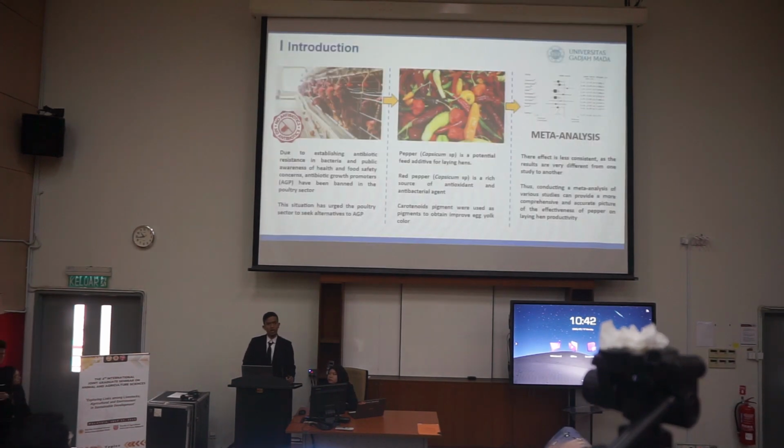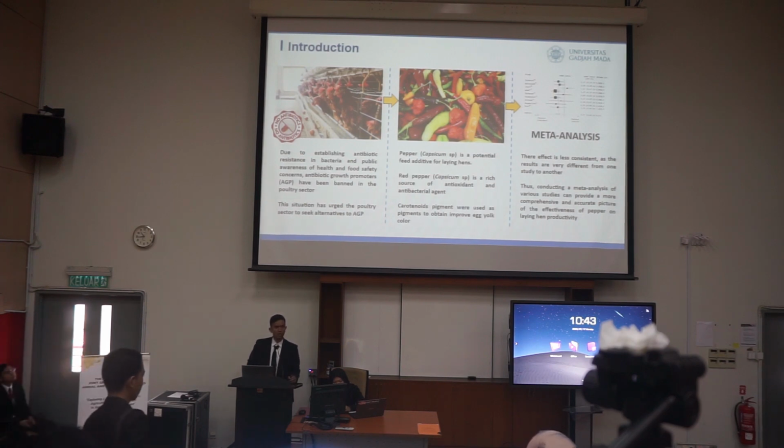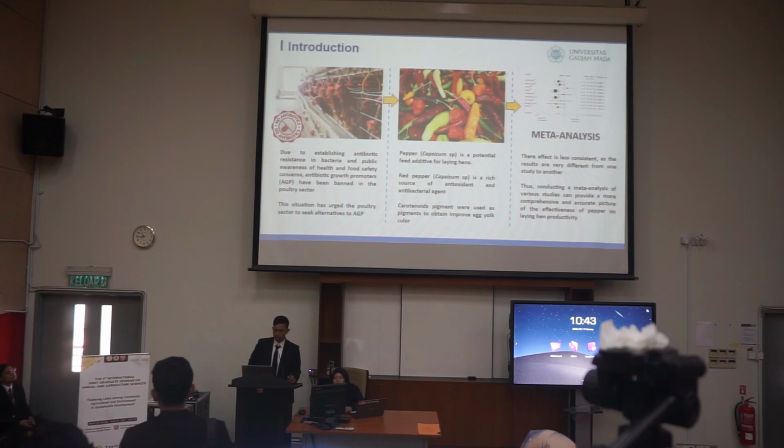We all know that antibiotic growth promoter use in the poultry sector has been restricted because of bacterial resistance issues and also food safety issues. These conditions have urged researchers, especially in the poultry sector, to seek alternatives to antibiotic growth promoters, especially natural ingredients.